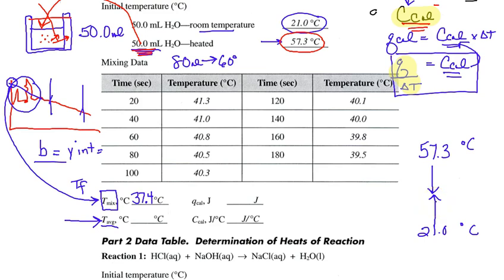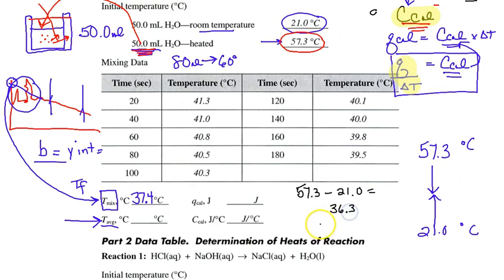So I'm going to take 57.3 and subtract 21.0 from it. What do I get? Okay, well, I get 36.3. All right, that means it's 36.3 degrees.